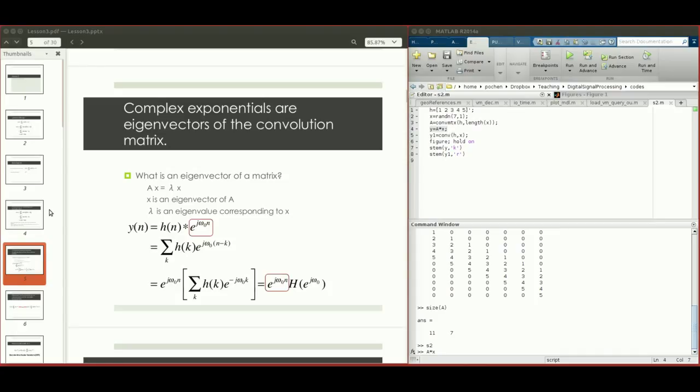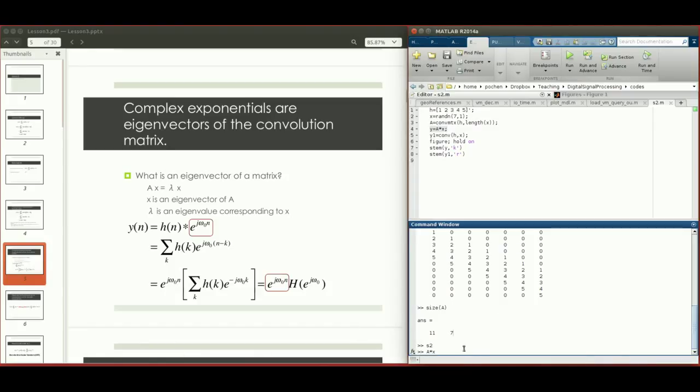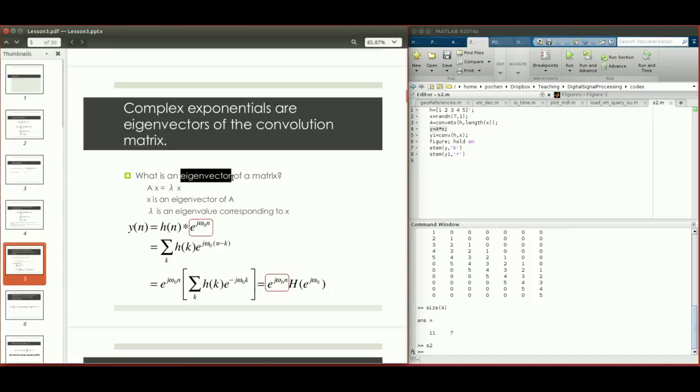So once we can represent convolution as a matrix vector multiplication, then we can use lots of things that we have developed in linear algebra to study convolution operations, right? And the most useful concept is what we call the eigenvector and eigenvalue, right?